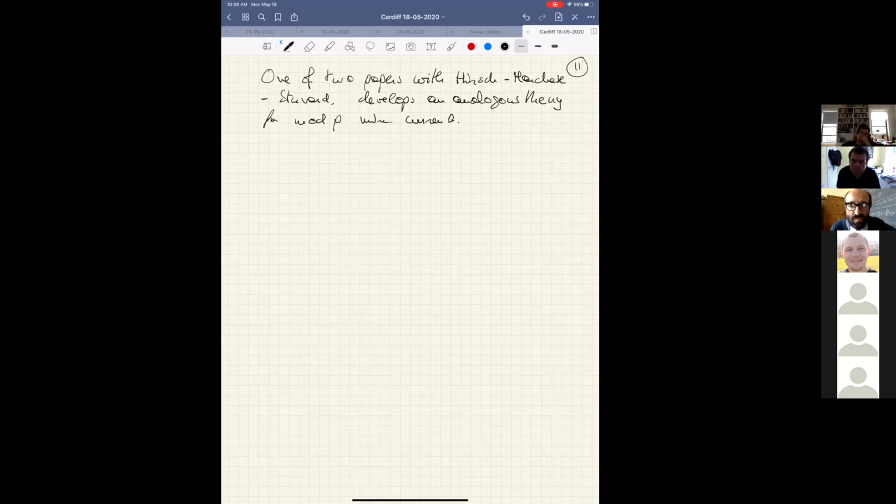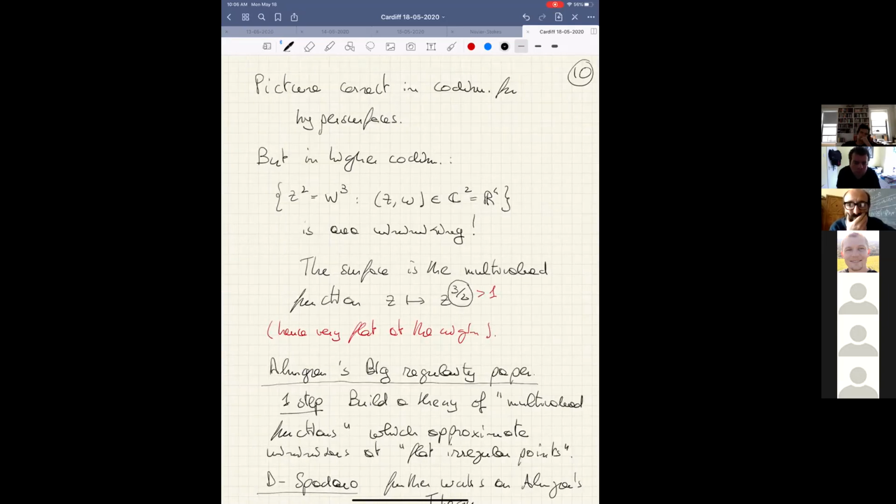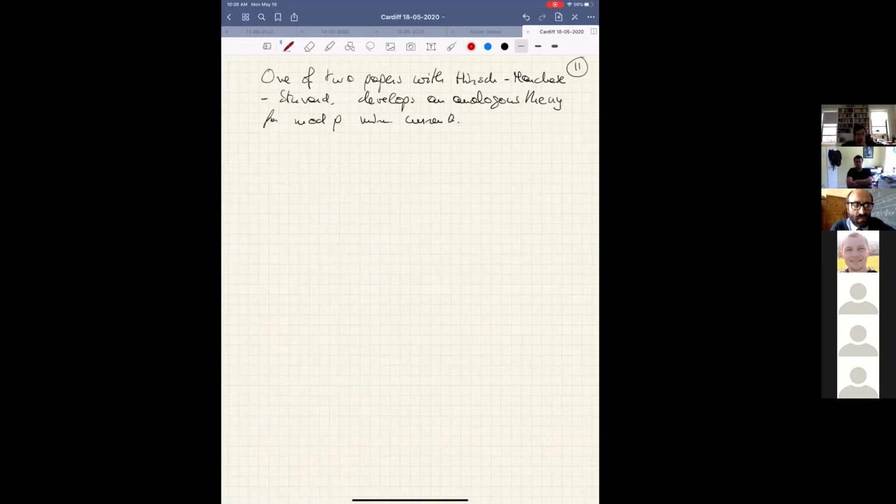Okay, so just a couple of words. What do you mean by the fact that these objects actually approximate efficiently at flat irregular points? Well, the linearization of the area functional is the Dirichlet energy.